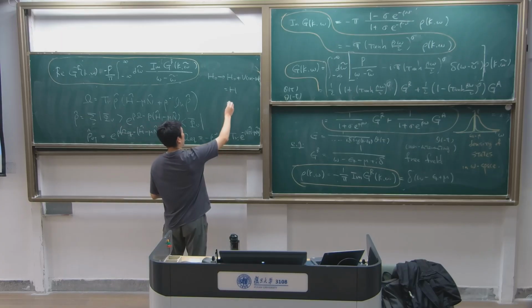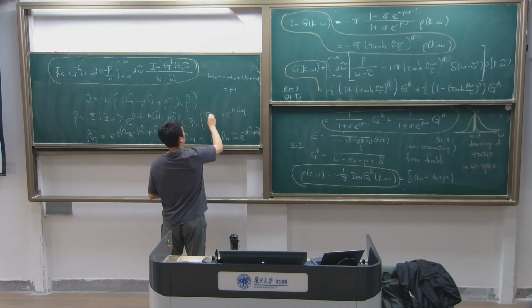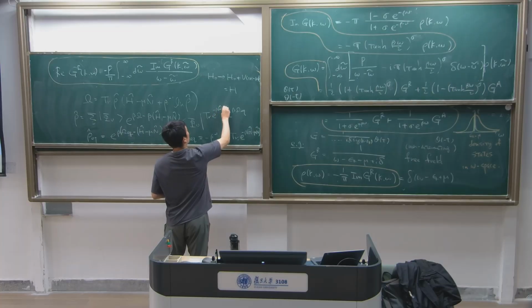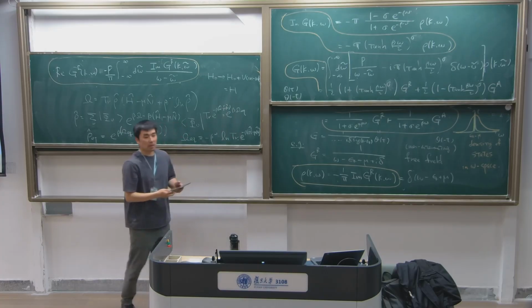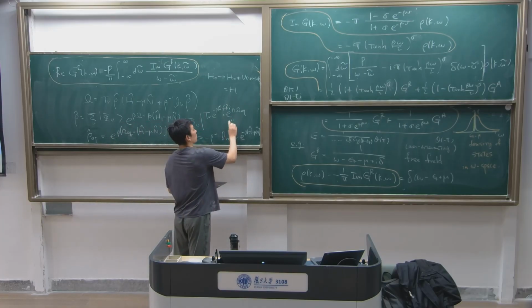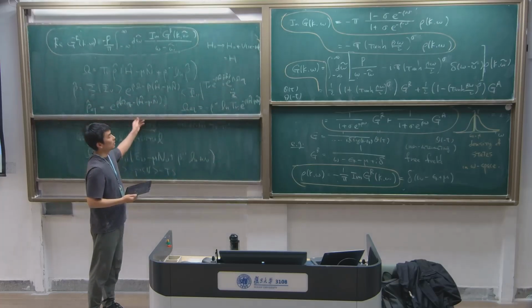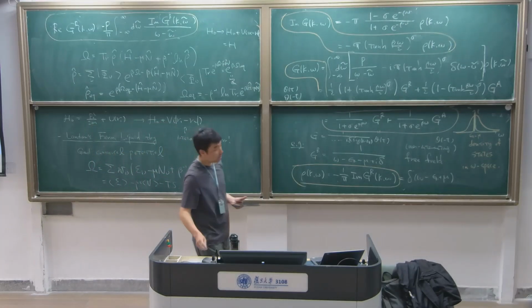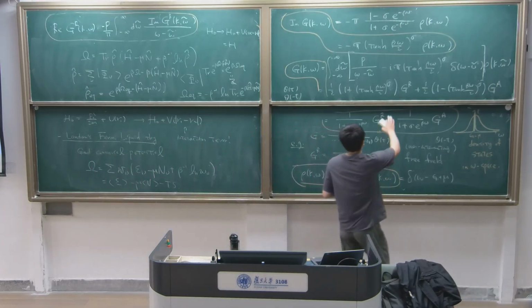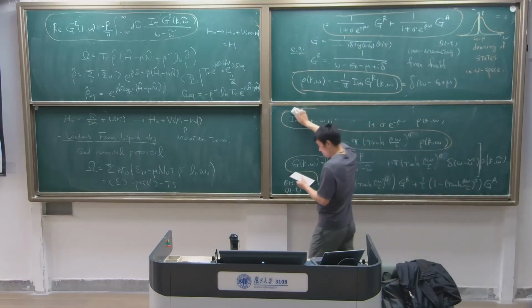If you just transform it, what you get is that e to the minus beta Omega_eq is just the trace of e to the minus beta (H minus mu N). So this is the partition function. And rho_eq is just fixed. I'm going to erase the important formula.